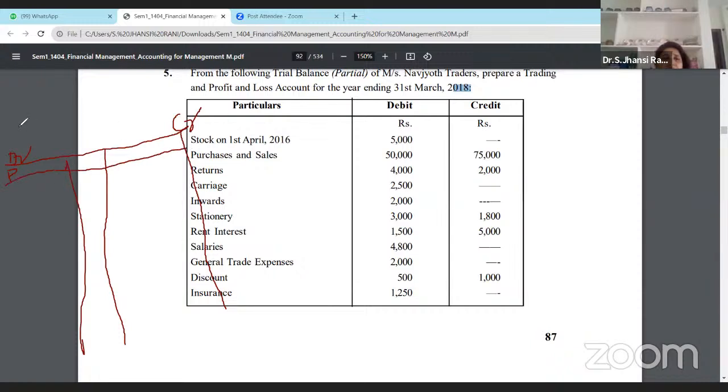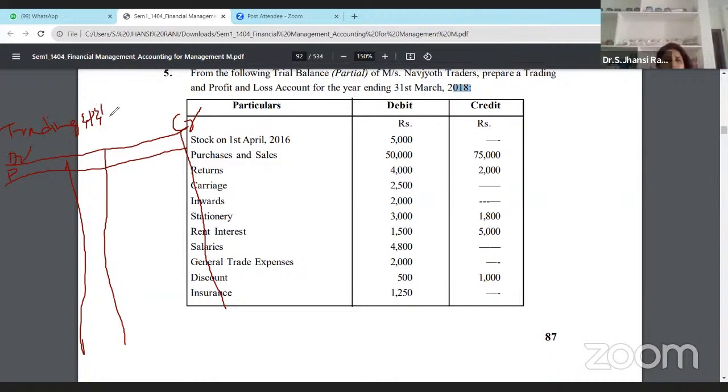And we write the heading like this: trading and profit and loss account of, what is his name? Alokji. Yeah.